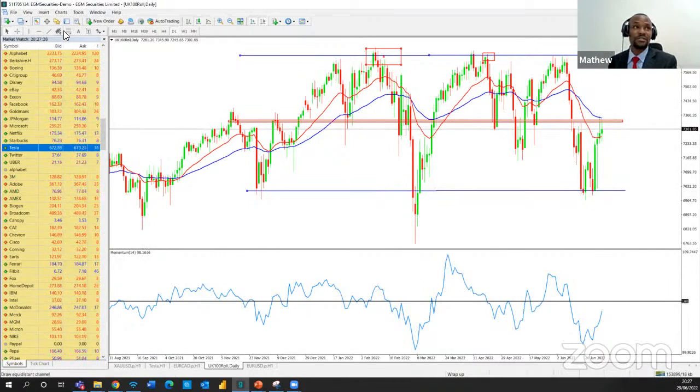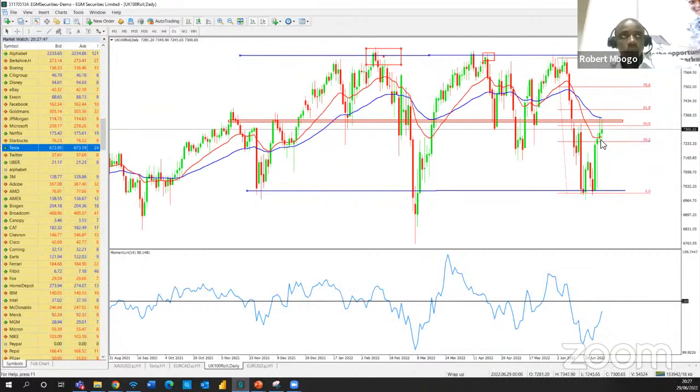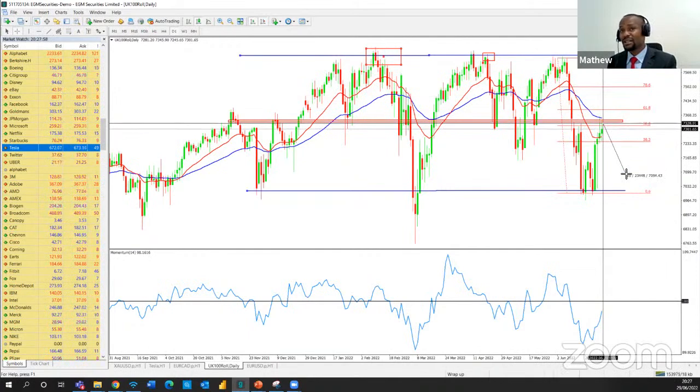For instance, if I use a Fibonacci in this case, to find a likely reversal to the downside, if you draw it from that point all the way to that level, you realize that the price is hitting the 50 level. You can also look for a confluence in this case where in this downtrend, if the price doesn't move beyond these moving averages, then it could be a likely entry to the downside again.